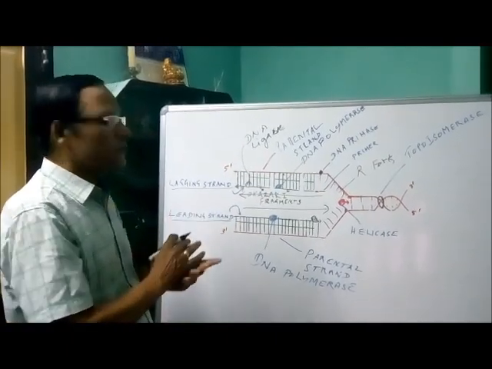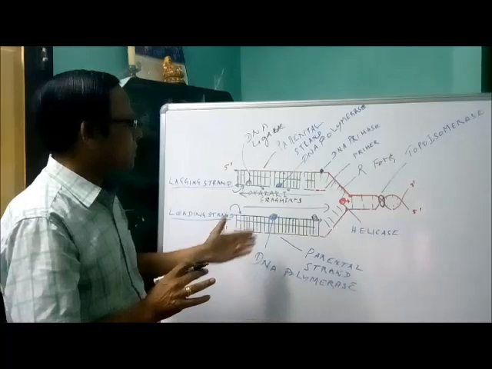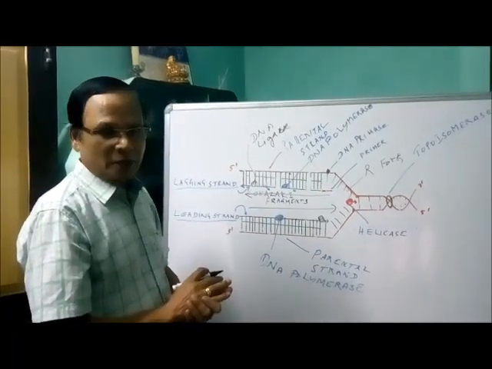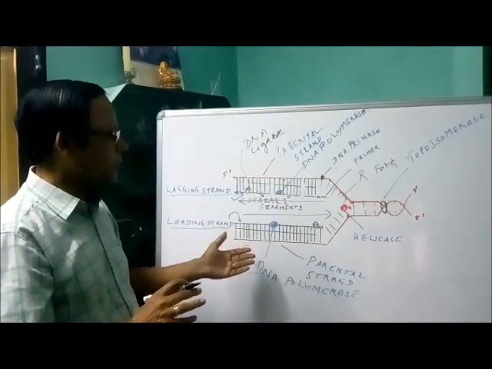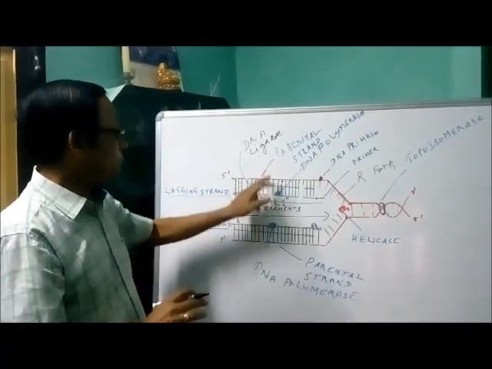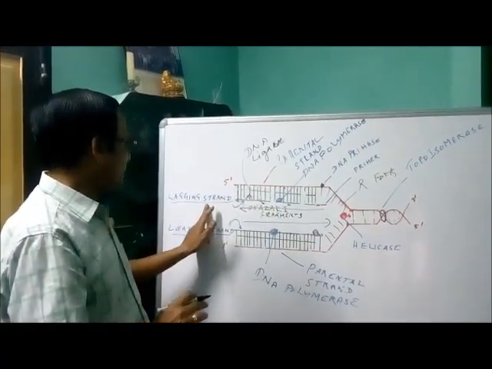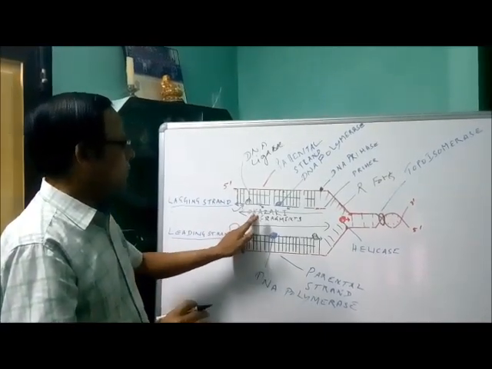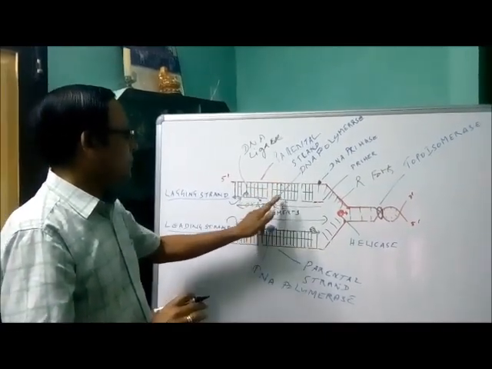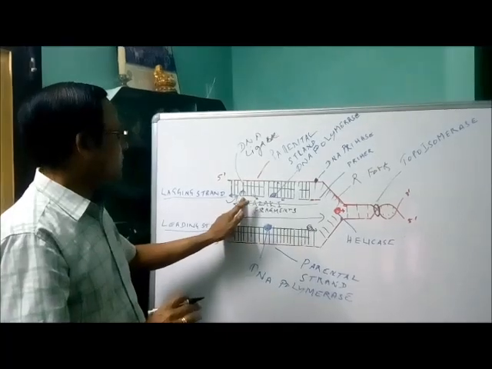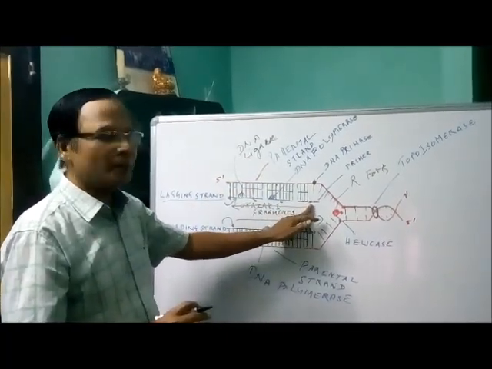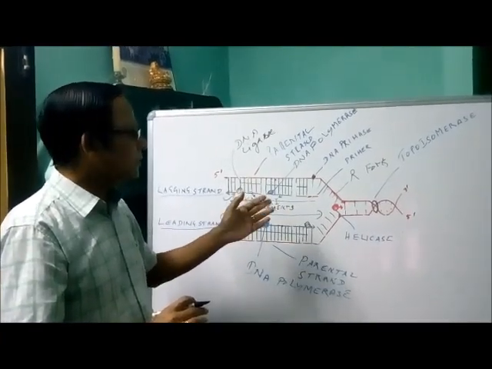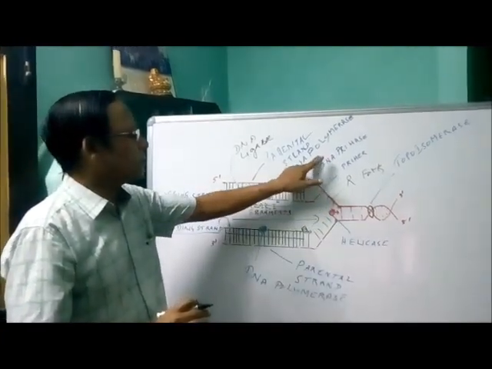So, this is a diagram showing how you have to draw the diagram in a simple way, because the diagram given in the book is colorful and complicated. So, 2 parallel strands, lagging strand, leading strand, Okazaki fragments. Now we have the DNA polymerase, and the fragments are joined together by DNA ligase. Now we have the formation of the primer, a few nucleotides of RNA, produced by the enzyme DNA primase.